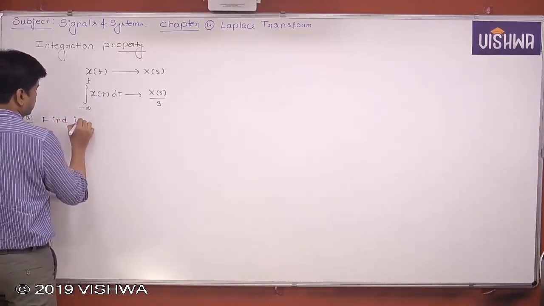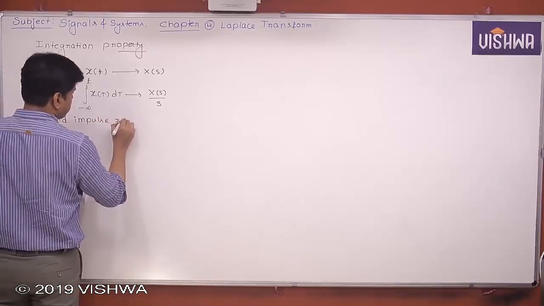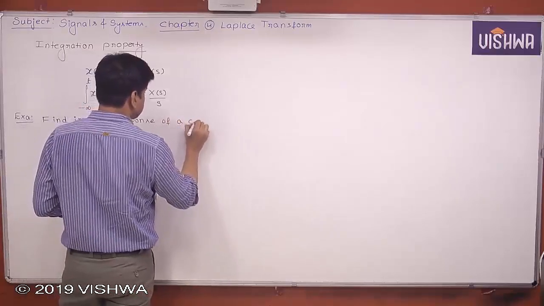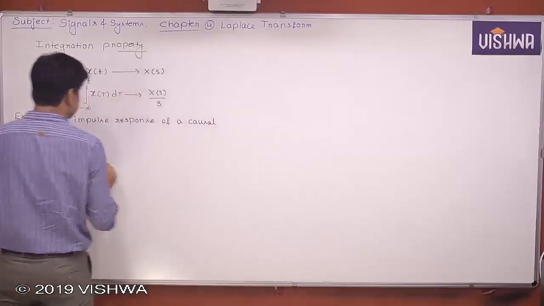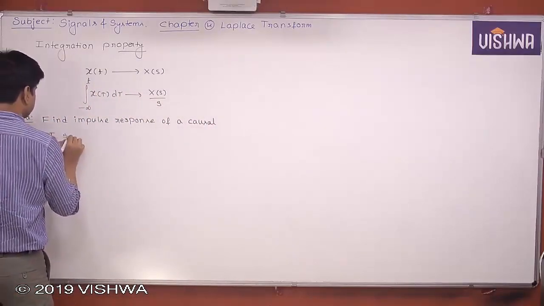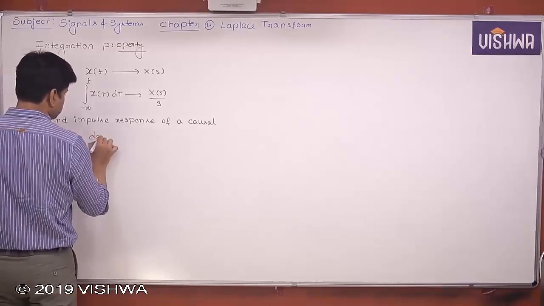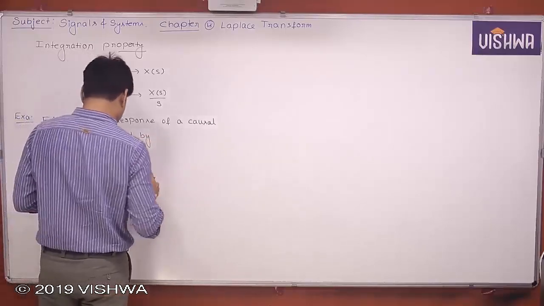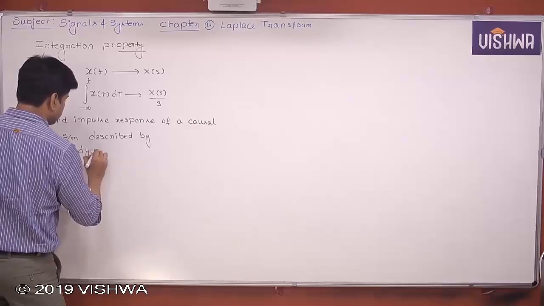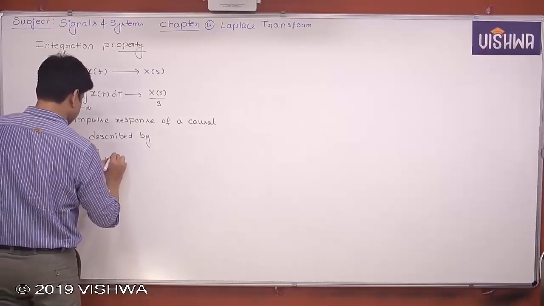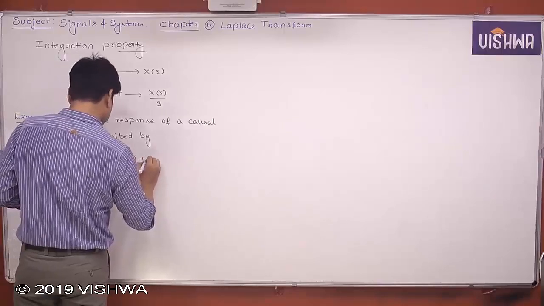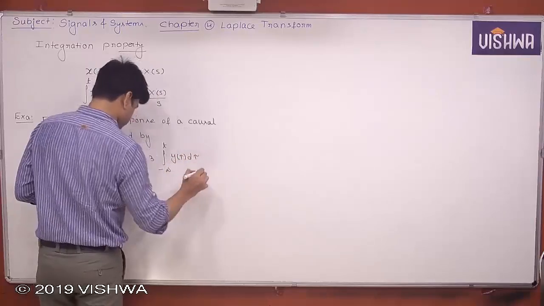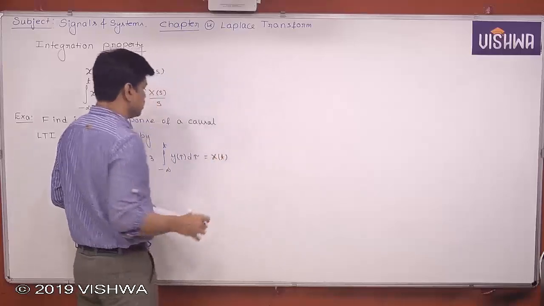Find the impulse response of a causal LTI system described by dy(t)/dt + 4y(t) + 3 times the integral from minus infinity to t of y(tau) d tau is equal to x(t).